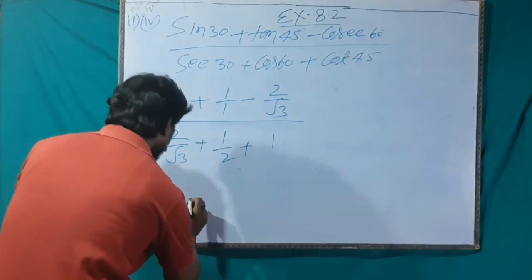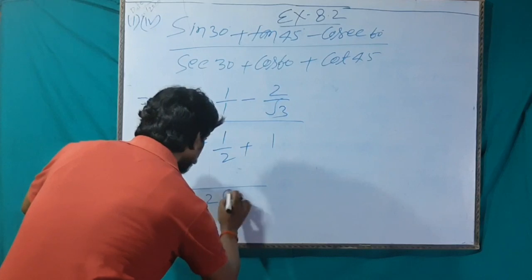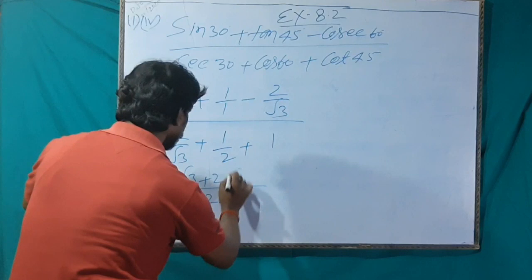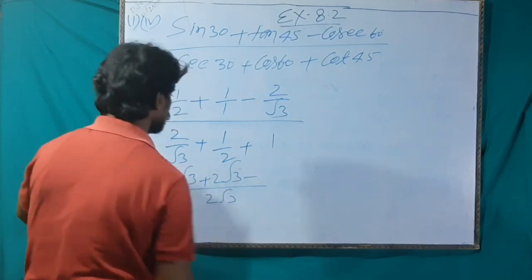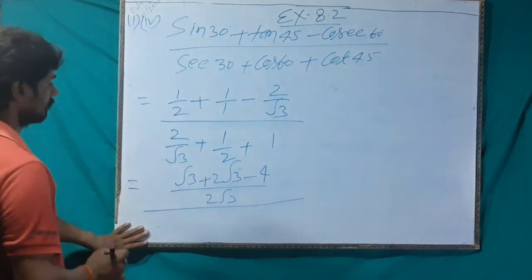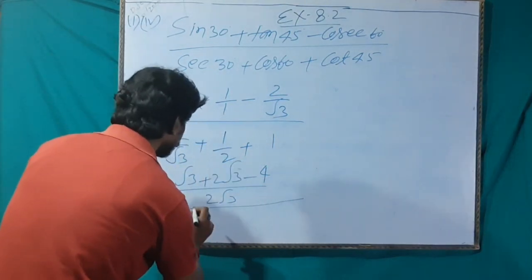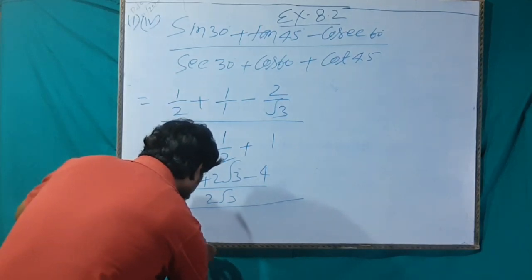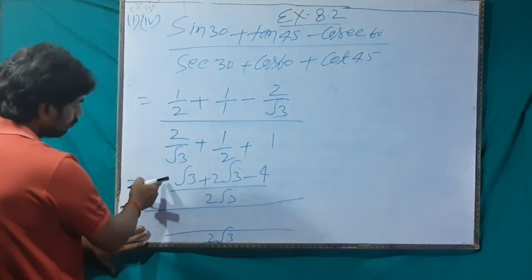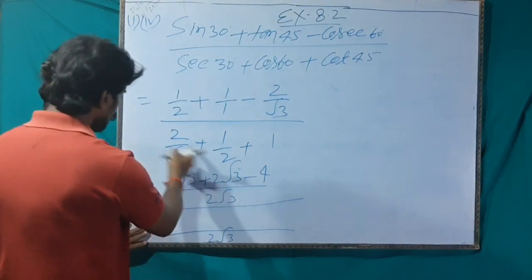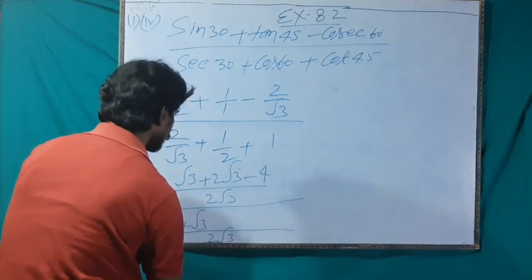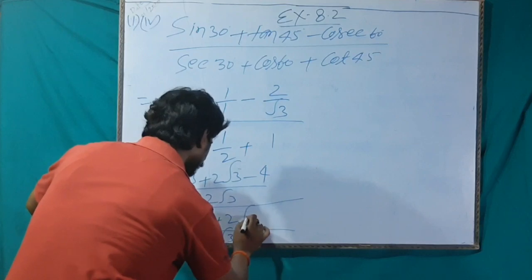Here we will take LCM 2 root 3. Root 3 plus 2 root 3 minus 4 by 2 root 3 is the LCM. So 4 plus root 3 plus 2 root 3.